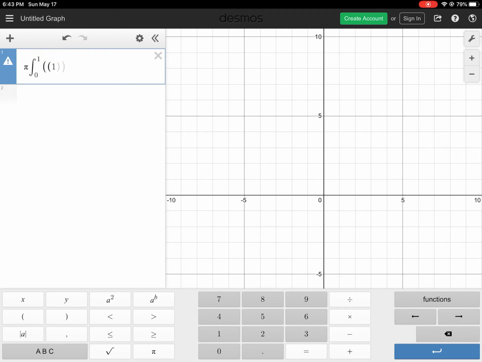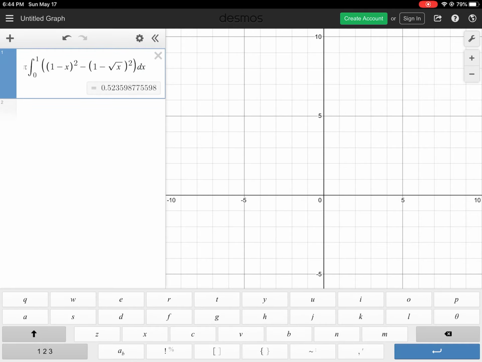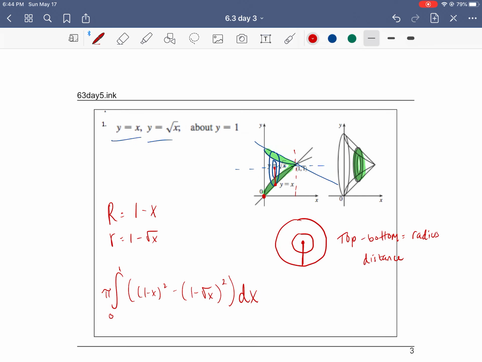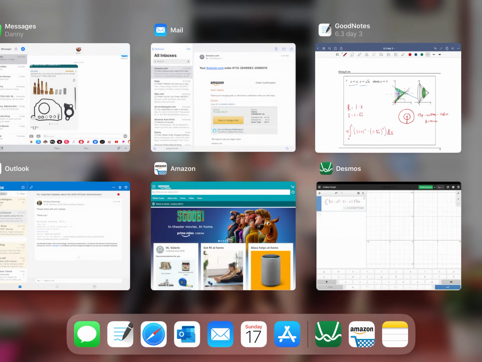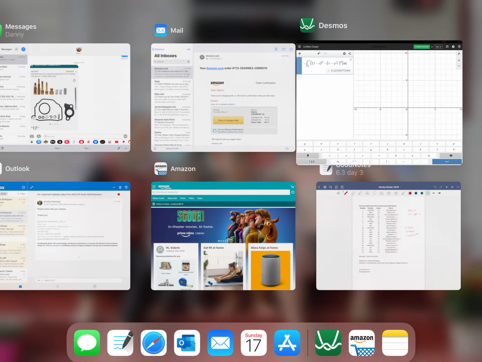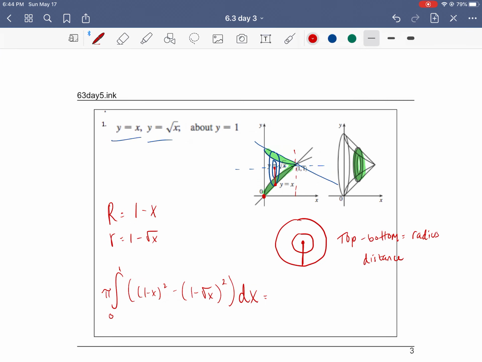So 1 minus x squared minus 1 minus root x squared dx. Let me double check. 1 minus x squared, 1 minus root x squared, 0 to 1. Good, so 0.52 is going to be our answer here.